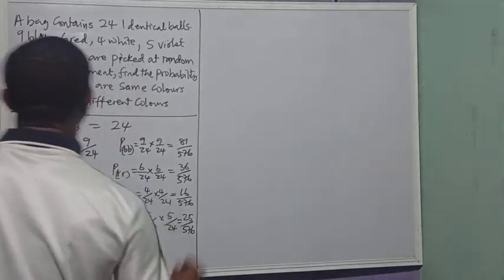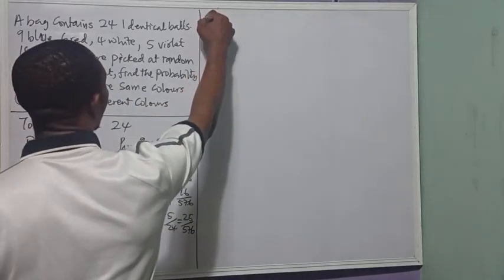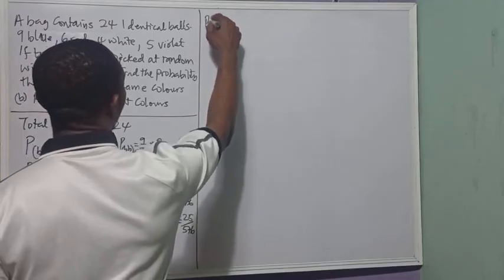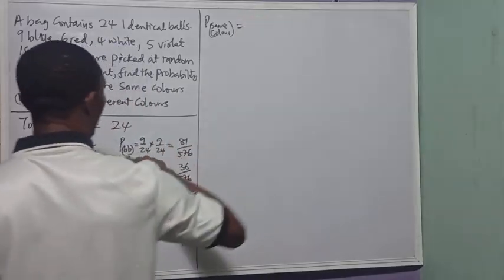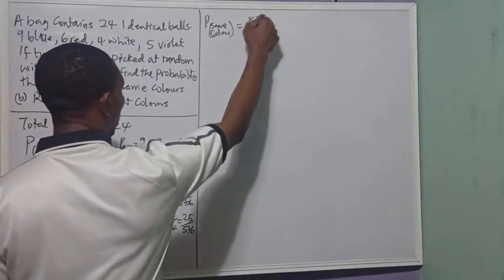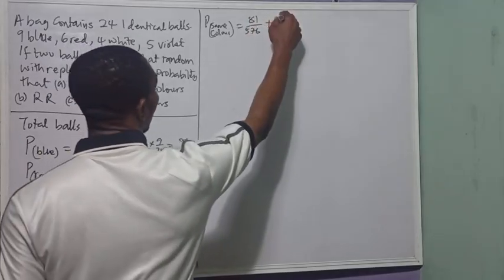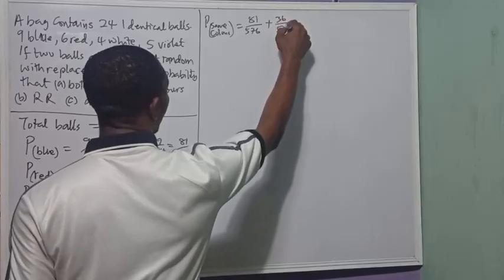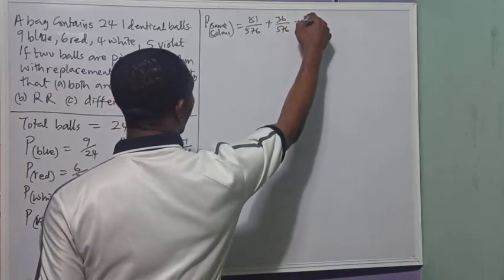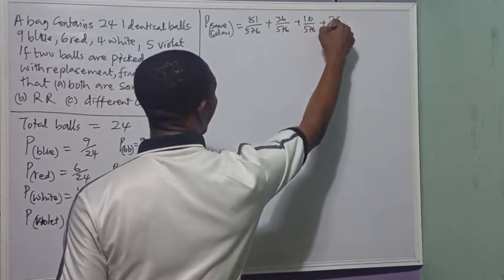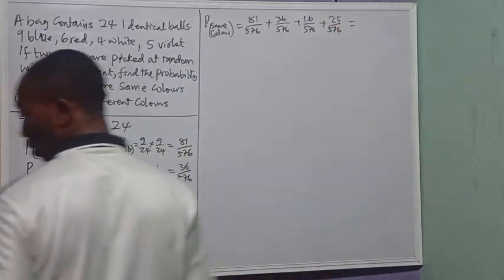So probability of same colors would be probability of blue, which is 81/576 plus 36/576 plus 16/576 plus 25/576, which gives us what?